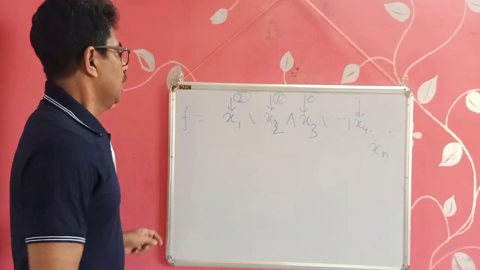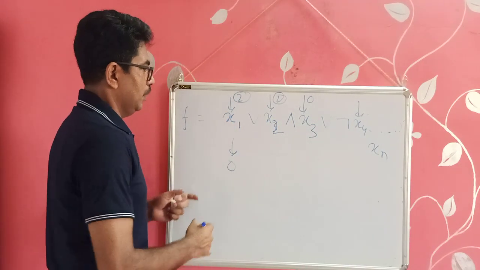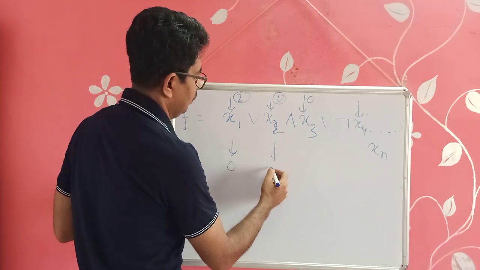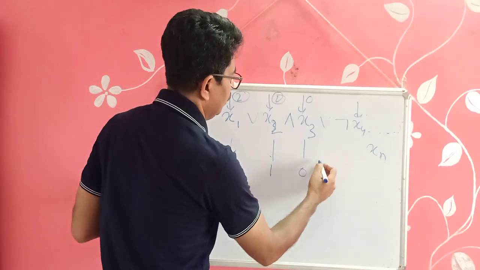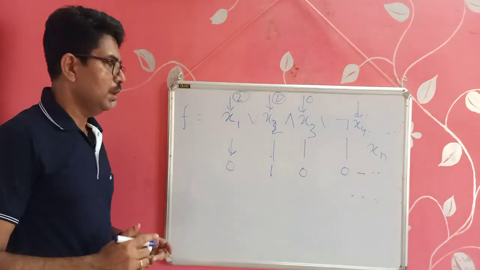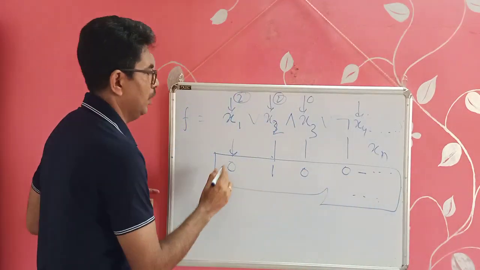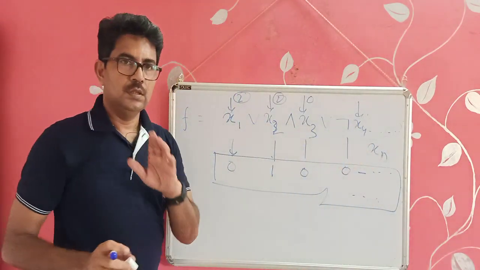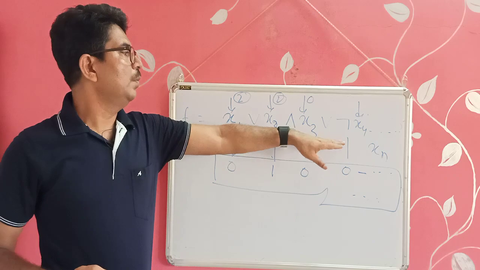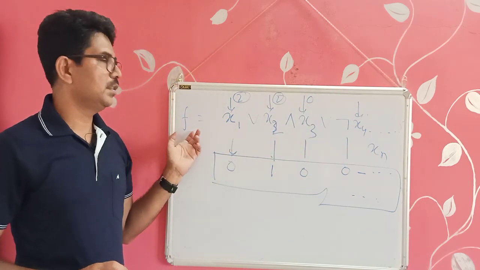How? Randomly we will select a value of x1 among 0 and 1. Similarly for x2, let us say 1, for the next 0, and so on. So by randomly selecting some inputs for x1 to xn, we put these values in this equation and check whether f is 1 or not.